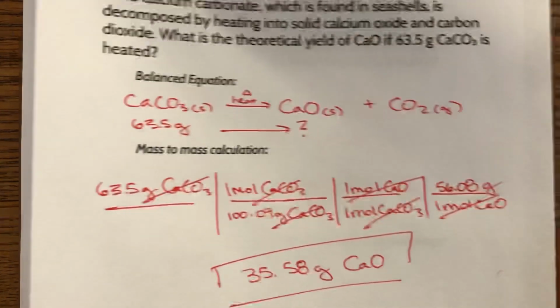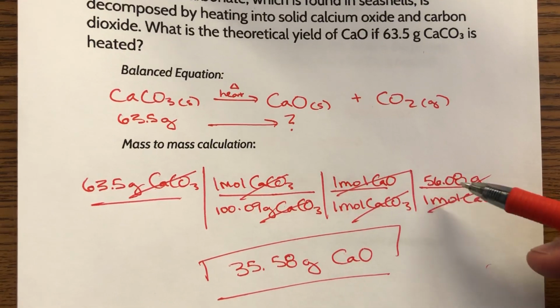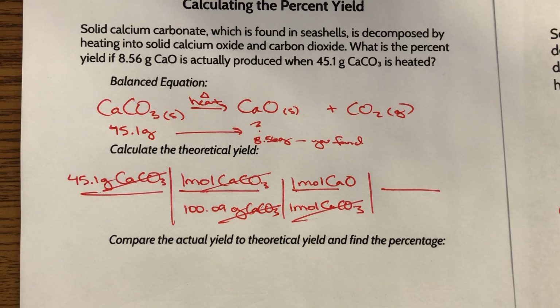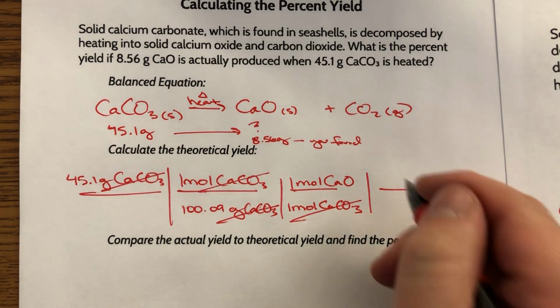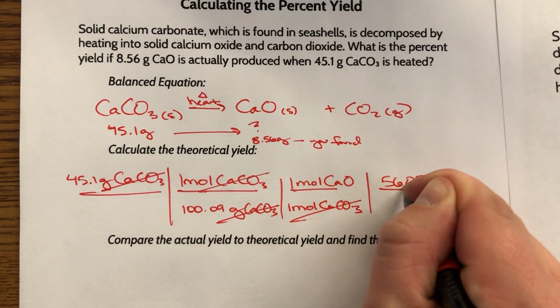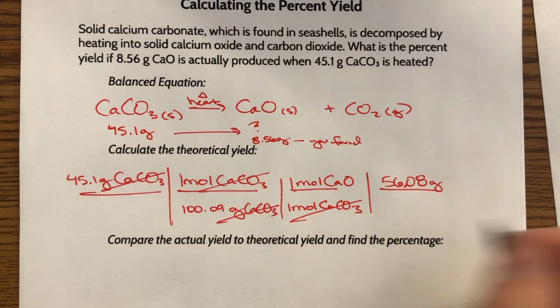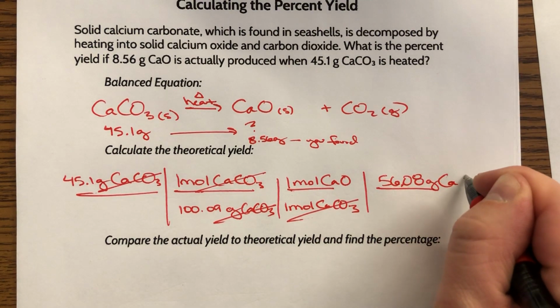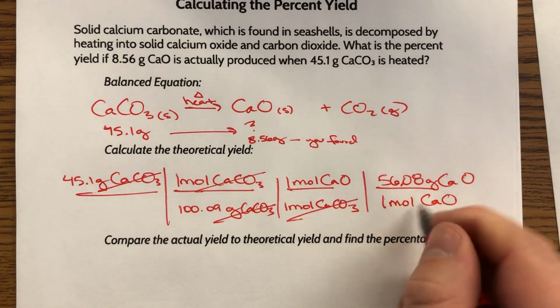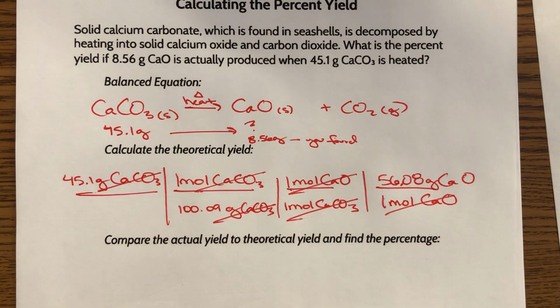We found the molar mass of calcium oxide, and it's 56.08. So we're going to do 56.08 grams of CaO per 1 mole of CaO. These cancel, and then all we have to do is crunch out the number.